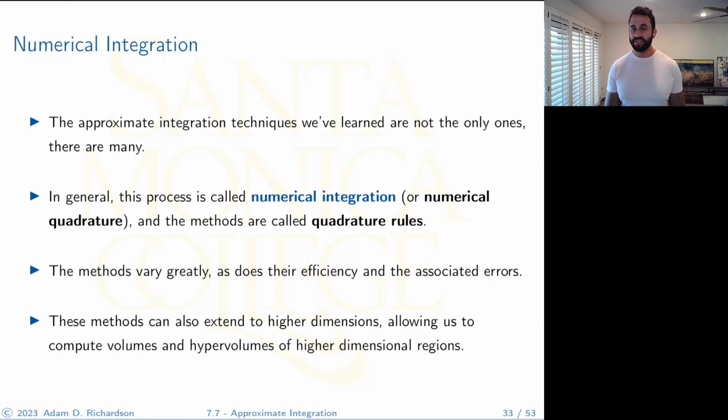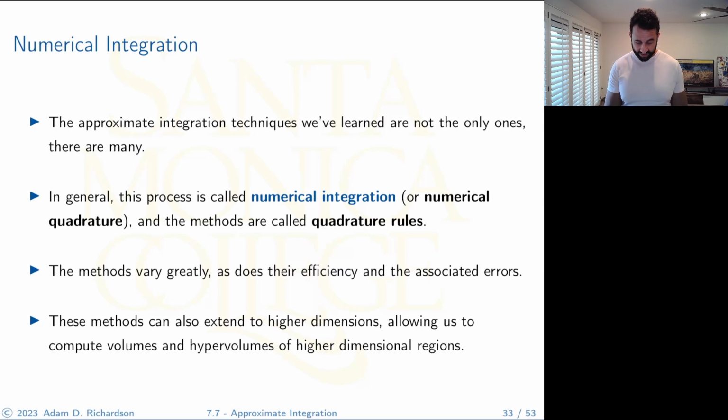So pretty much if you can imagine the area of any region, think about how you would cut up that region into simpler shapes, like polygons even, and add up the area of those polygons to give you an approximation. That's numerical integration. That's a quadrature rule. So if you can invent one, you're coming up with another technique that maybe somebody hasn't come up with before.